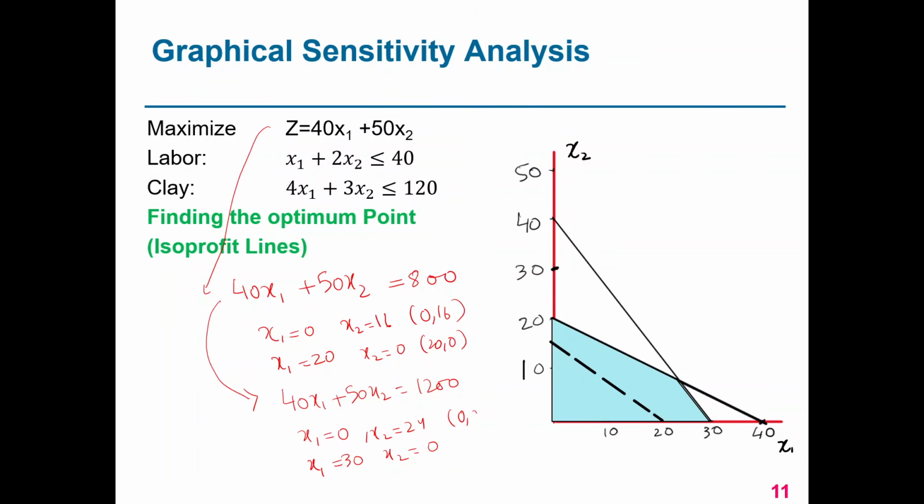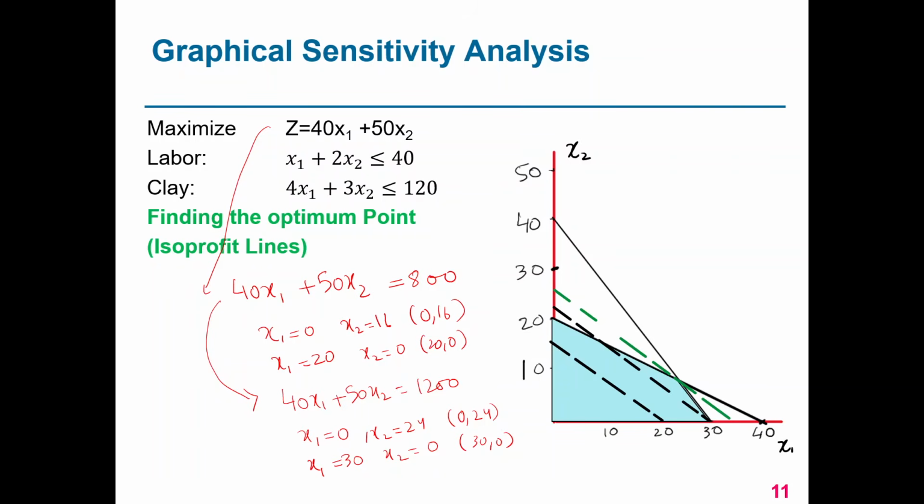So if I draw a line using these 2 points, then I will have a line like this. The basic idea is to draw the isoprofit lines and find such a line that is farthest away from the origin, and because it's a maximization problem, we need to find a point that is farthest away from the origin and still touching the last point of the feasible area.